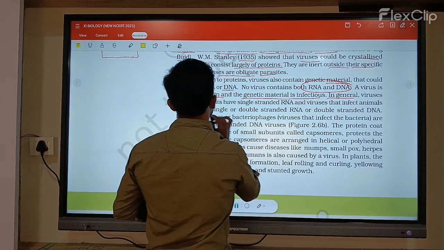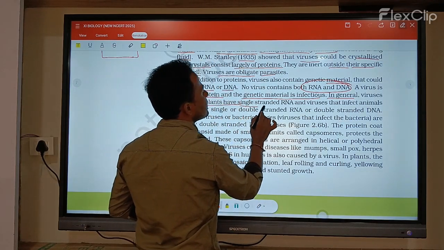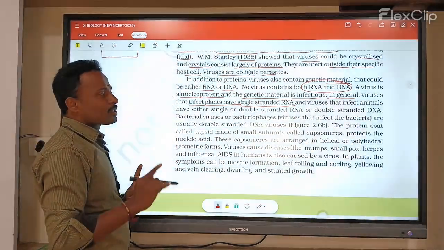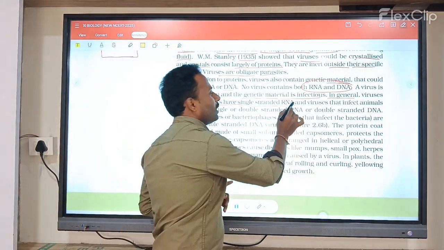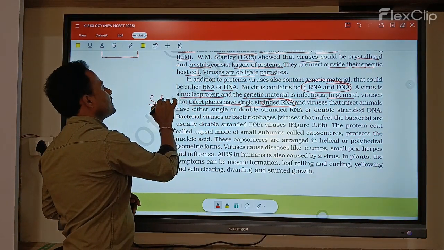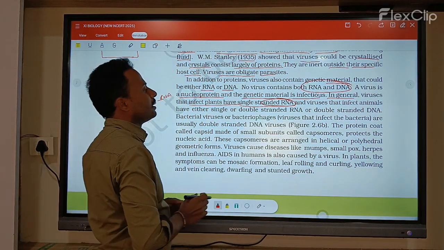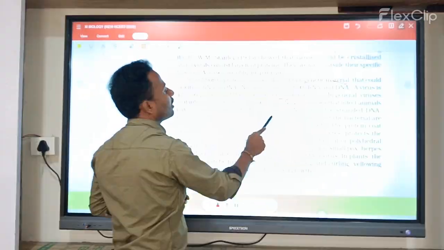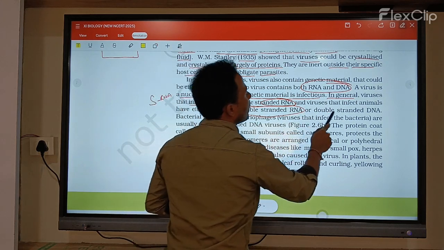In plant viruses, the infected plant has single stranded RNA. Mostly the viruses that infect plants have only single stranded RNA. Viruses that infect animals have either single or double stranded RNA, or double stranded DNA.